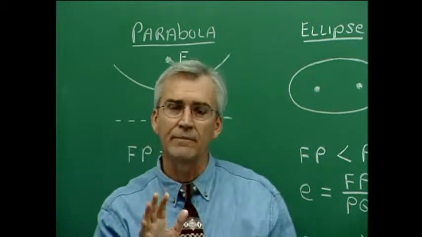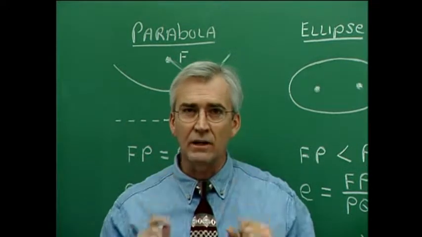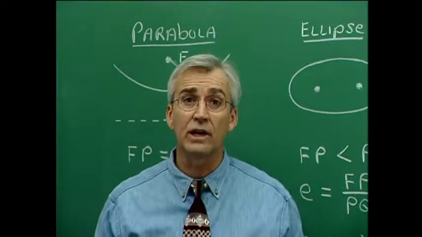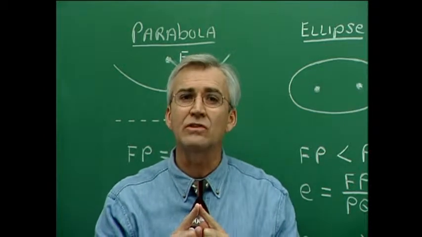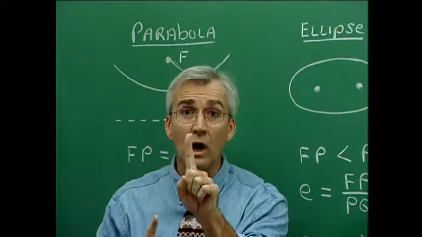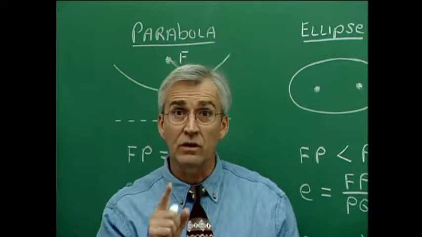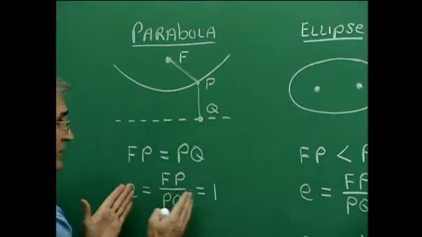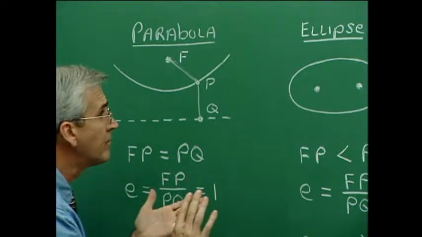It's as though we're saying that given a conic section, we can identify the kind of conic section that it is by identifying the value of its eccentricity. And if the eccentricity is 1, then that conic section is a parabola. So that's why I'm making such a big deal out of this idea of eccentricity and how it is calculated. All right, let's go to the ellipse.